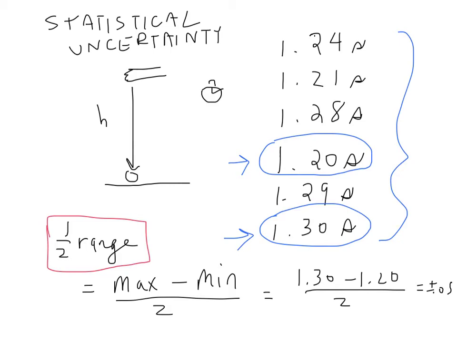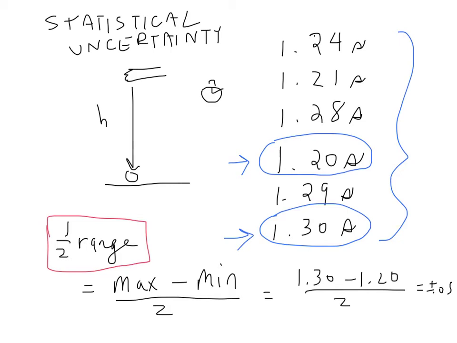So, two types of uncertainty. That's another reason why uncertainty exists, because we don't always get the same value when we take a measurement twice in a row. It doesn't always come out the same. So we need to express the lack of confidence we have with uncertainty.